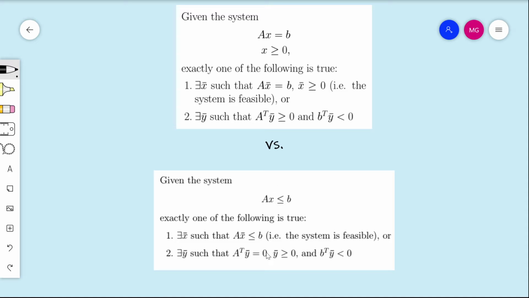So it's impossible for condition 2 to happen if the primal is feasible, so it must be that if condition 2 holds, the primal is infeasible, or in other words, this system right here is infeasible. It's the exact same logic, but instead the constraints are written like this, and this is the format that we'll use in this video.